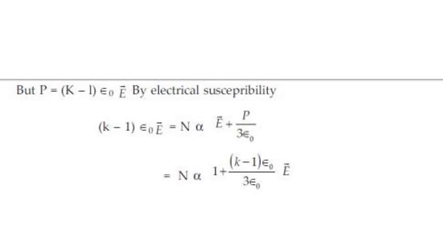But as we know, P is equal to K minus 1 epsilon 0 E.